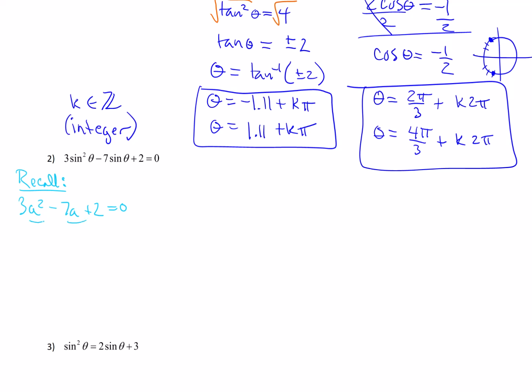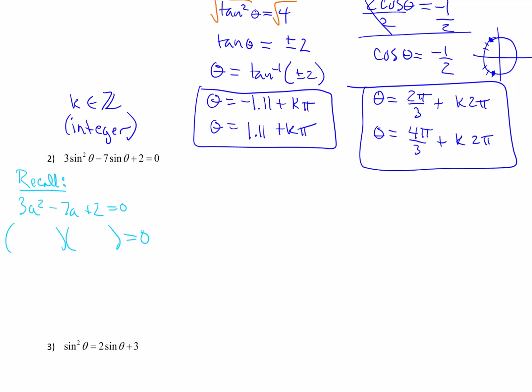This will actually simplify what we're looking at, and allow us to recall the factoring with a little bit less clutter on our screen. So if I replace the sine theta with a, writing this equation as 3a squared minus 7a plus 2 equals 0, then we may recall from algebra that we could solve if we just factor the trinomial that's on the left side.